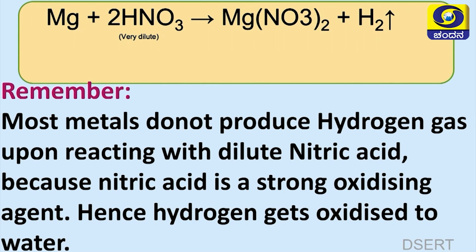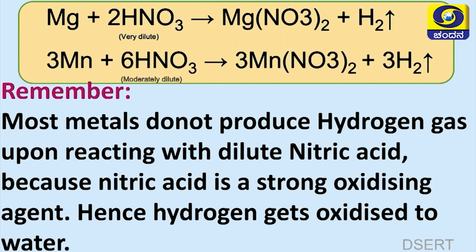And you have to remember, most metals do not produce hydrogen gas upon reacting with dilute nitric acid, because nitric acid is a strong oxidizing agent. Hence, hydrogen gets oxidized into water. And you can see here, manganese also reacts with nitric acid, which is moderately dilute, to form manganese nitrate.